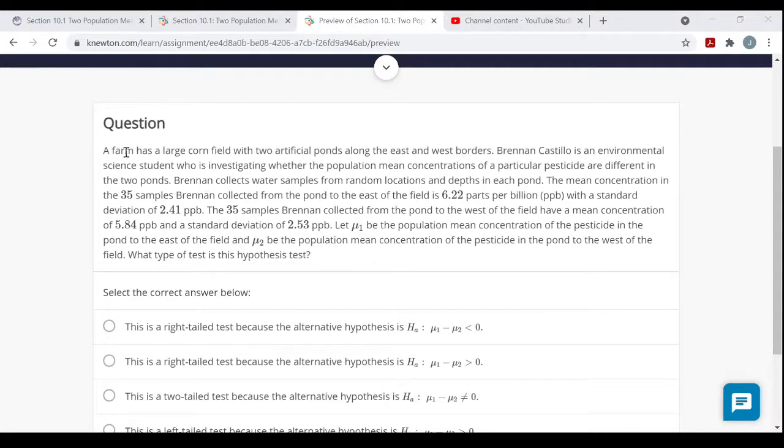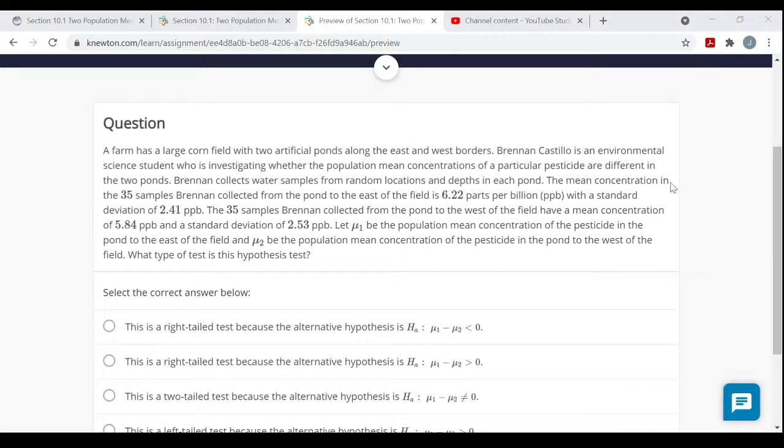So here, a farm has a large cornfield with two artificial ponds along the east and west borders. Brennan Castillo is an environmental science student who is investigating whether the population mean concentrations of a particular pesticide are different in the two ponds. So Brennan collects water samples from random locations and depths in each pond.